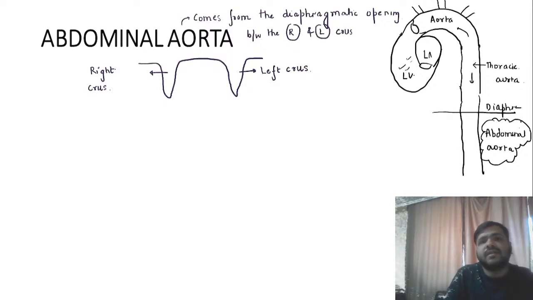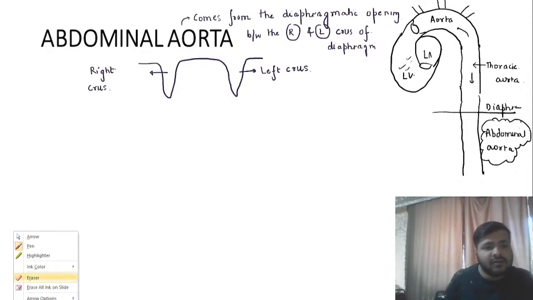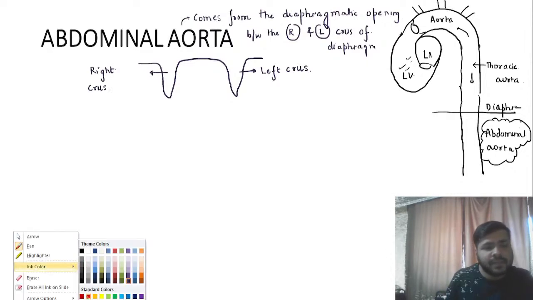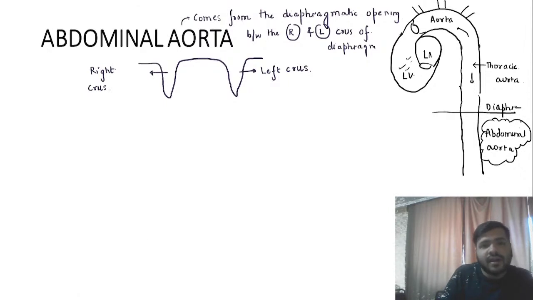There is an opening in the diaphragm located between the right and the left crus, and from here we have our very important vessel, the abdominal aorta.